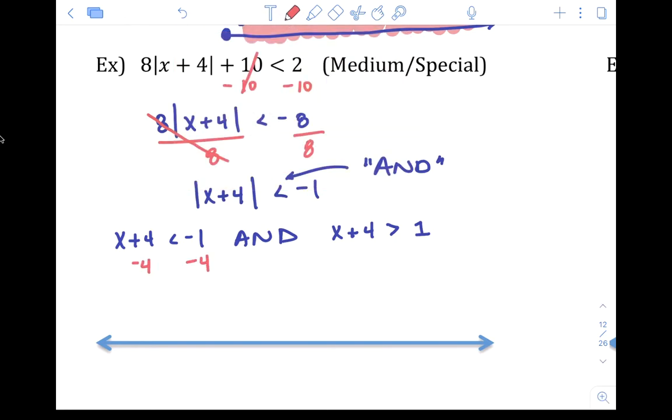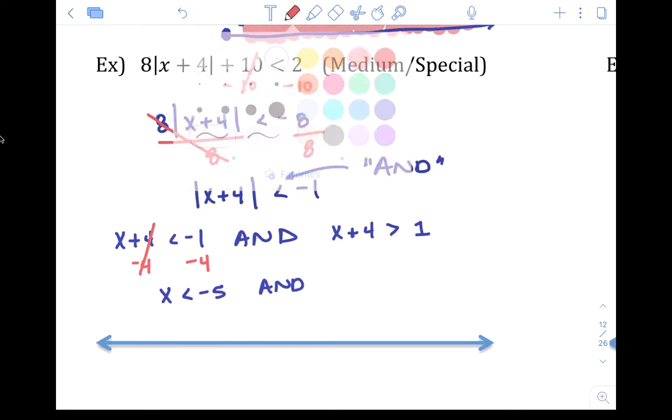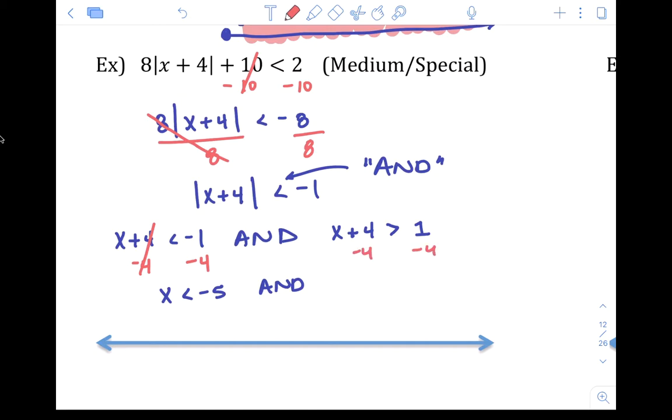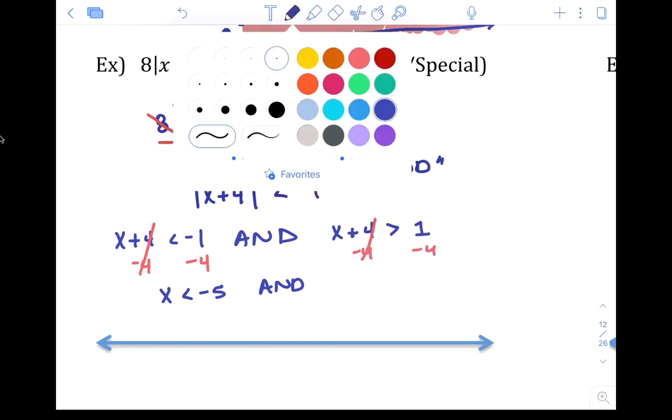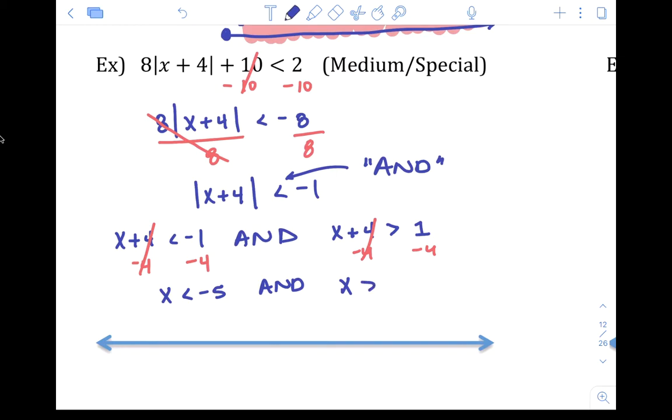We're just going to subtract 4 in both cases. So x has to be less than negative 5, and simultaneously, after I subtract 4, x has to be greater than negative 3.